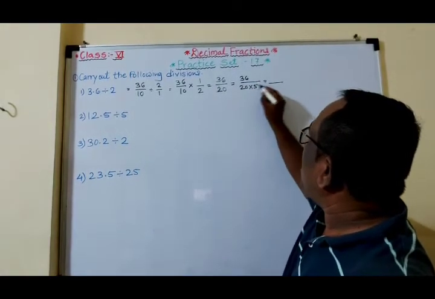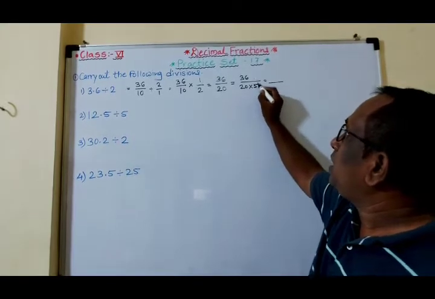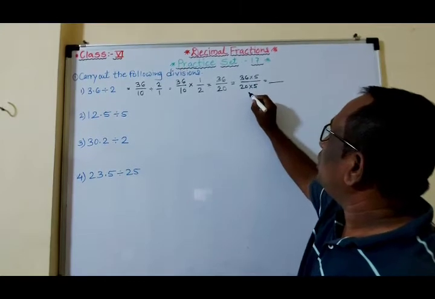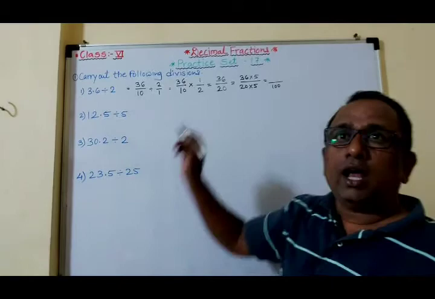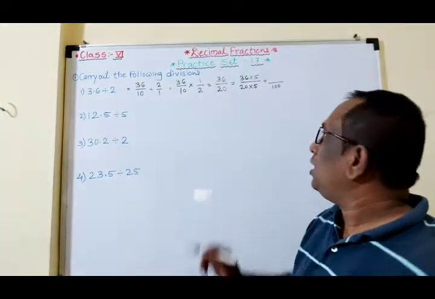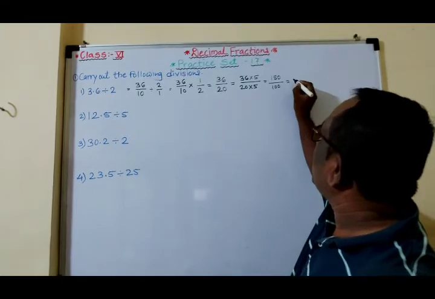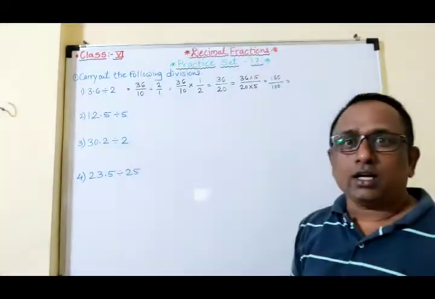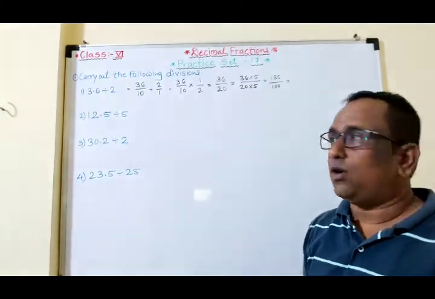Okay. Now the rule is when we multiply denominator by a number, same number we have to multiply to the numerator also. Okay. So 25 times 20 is 100 we got, and 36 fives are 180. Okay. Now we got the fraction 180 upon denominator 100. So if denominator is 10, 100 or 1000, we can convert into decimal form.